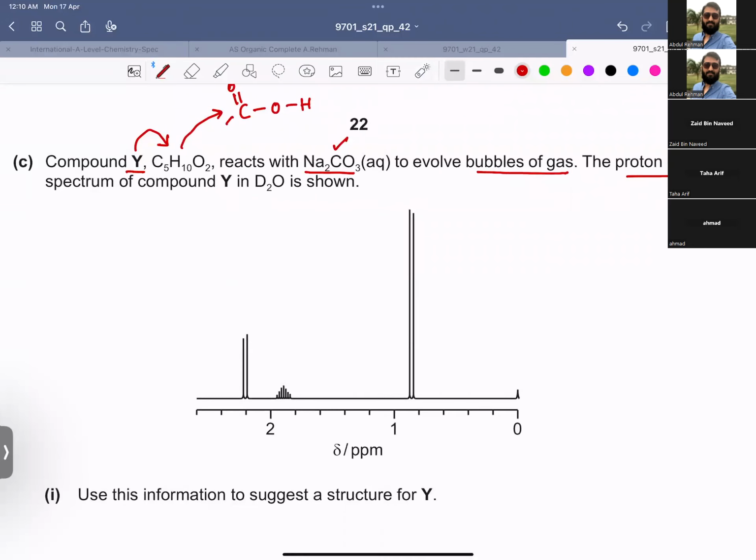The proton NMR spectrum of compound Y in D2O is shown. So if you recall, if we have used D2O, then it means that the peak of the proton of COOH, which means this proton, does not appear.